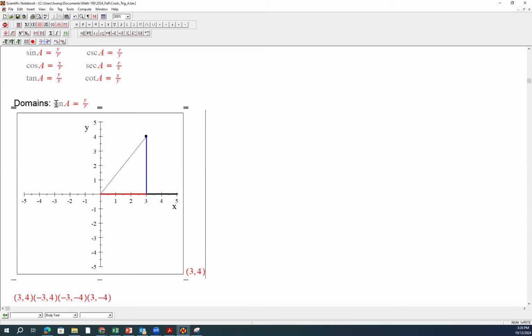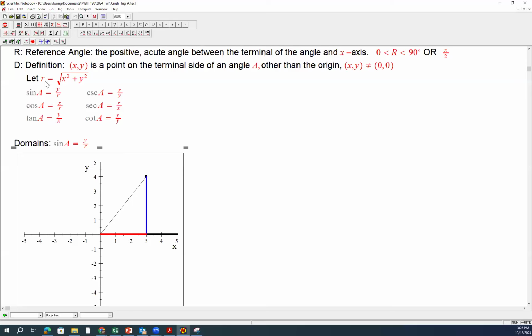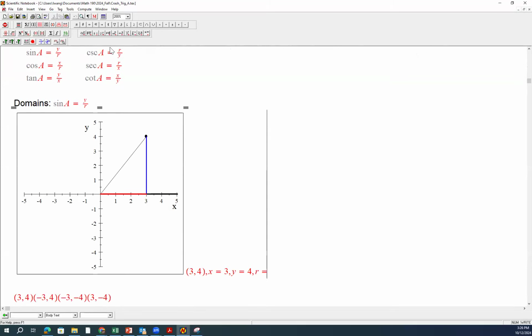What will be the R in this example? Well, R is defined, right? So X equals 3, Y equals 4. According to the definition of R, we just take this definition and put it in there.